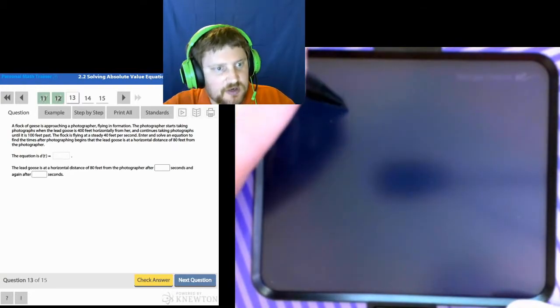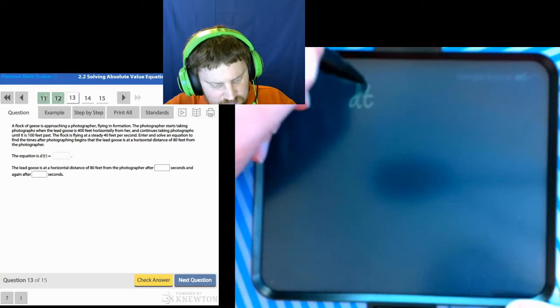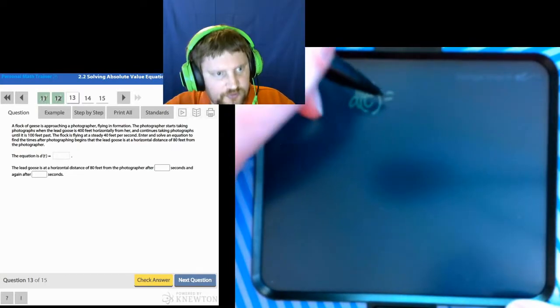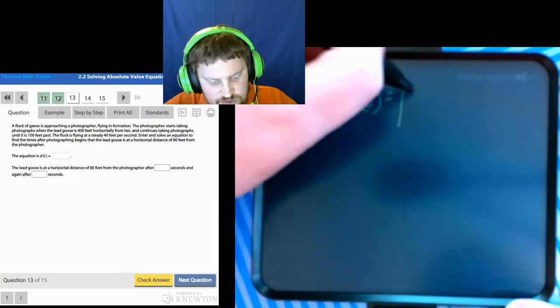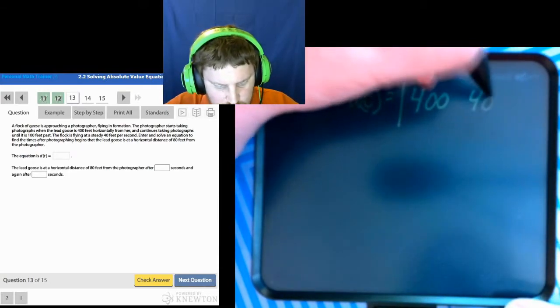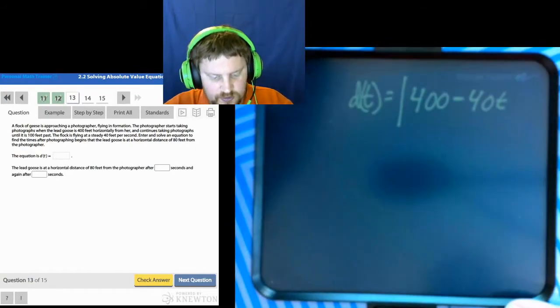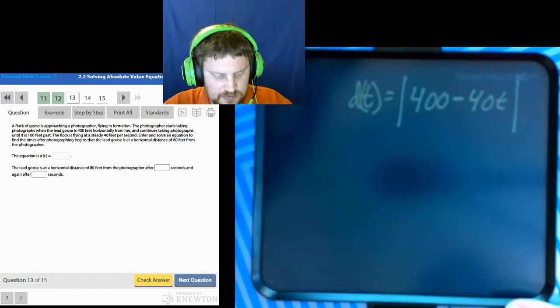So our equation is d of t equals, they start at 400 feet away and they get 40 feet closer every second. So every second we subtract 40 feet from their distance.